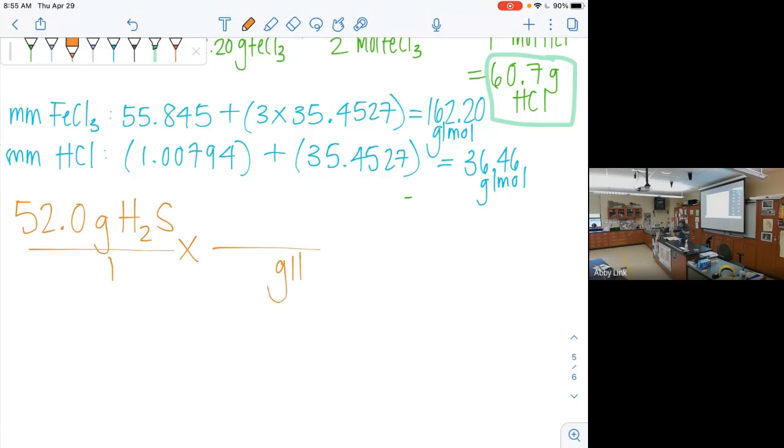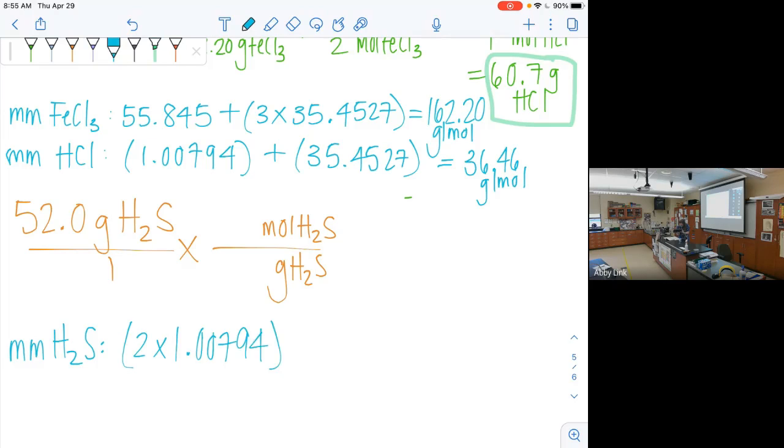Grams of H2S in the denominator, moles of H2S on top. We need our molar mass of H2S. Hydrogen, 2 times 1.00794, plus sulfur is 32.066. That molar mass comes out to be 34.08 grams per mole.